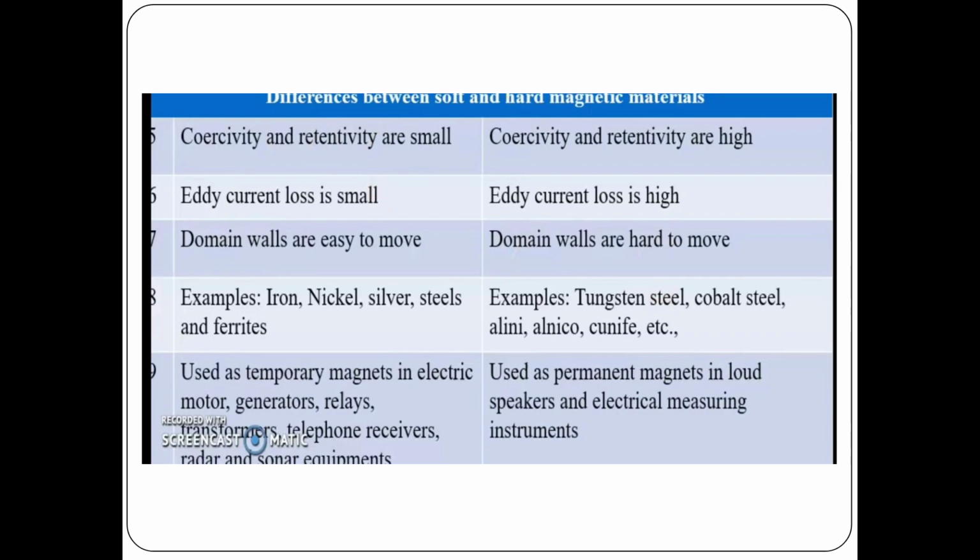Examples of soft magnetic materials are iron, nickel, silicon steels and ferrites. Examples of hard magnetic materials are tungsten steel, cobalt steel, aluminium, etc. Soft magnetic materials are used as temporary magnets in electric motors, generators, relays, telephone receivers, etc. Hard magnetic materials are used as permanent magnets in loudspeakers and electrical measuring instruments.